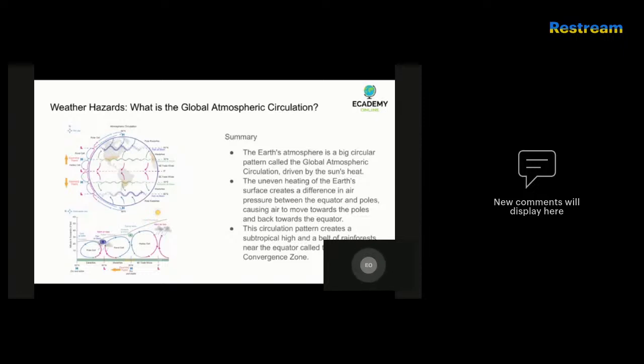But the main driver is the unequal heating of the Earth's surface by the sun. Let's move on to the next bit, unless you have any questions.